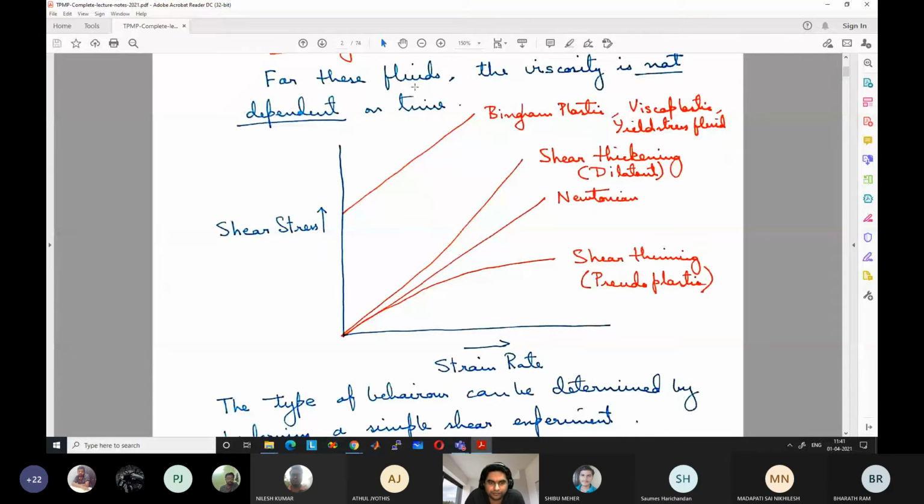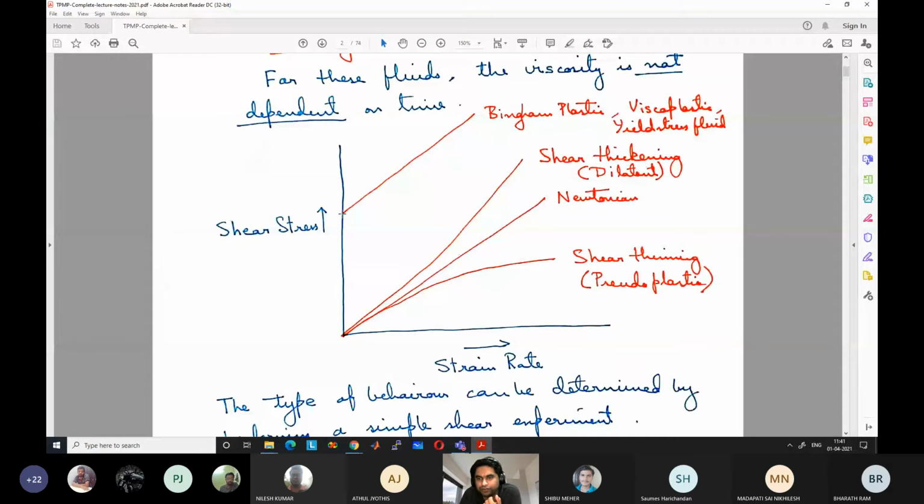The main characteristic of this Bingham plastic is that there exists a critical shear stress below which it behaves like a solid. Only after applying a certain stress does it start behaving like a liquid. Okay, consider toothpaste.